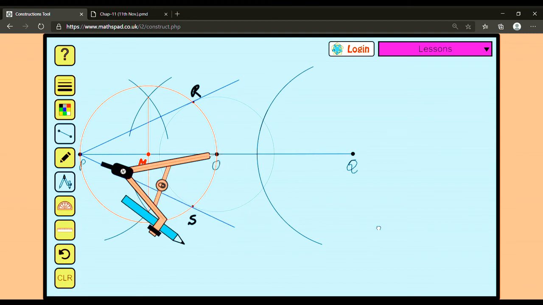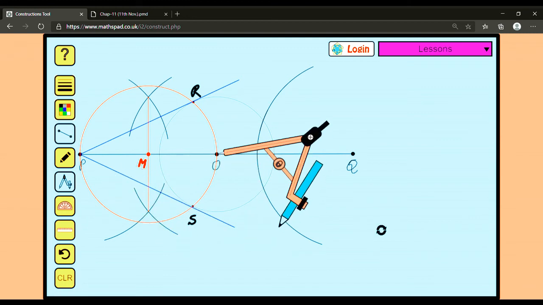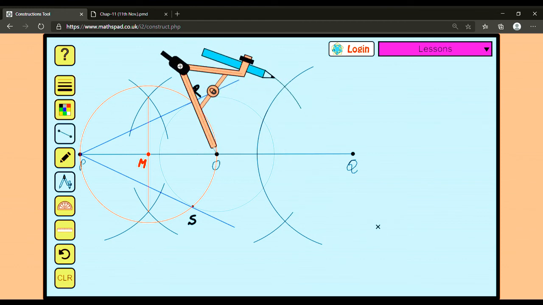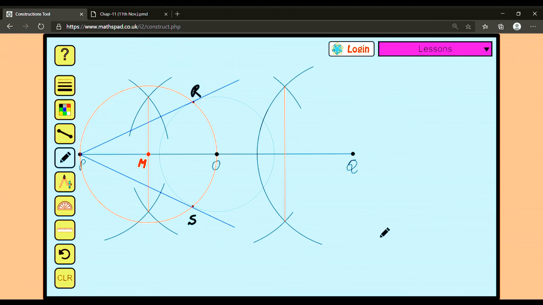Similarly from the endpoint O. This will help us obtain the midpoint of the line segment OQ. Let's name the midpoint as N.